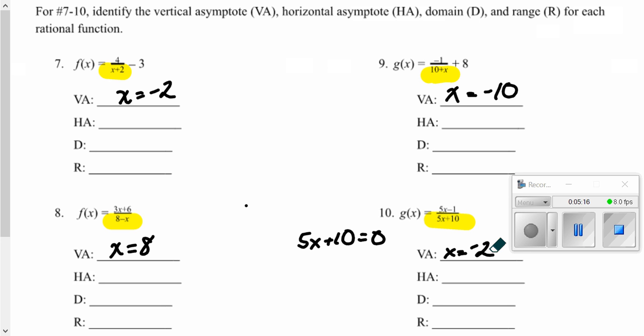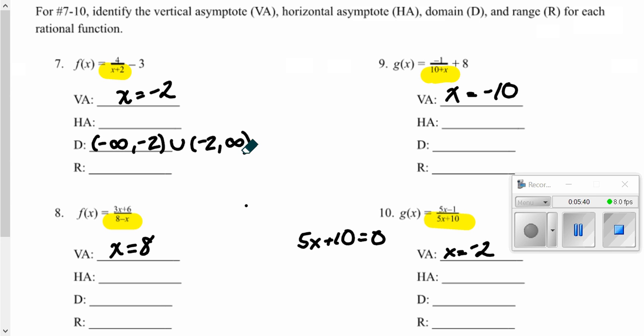At this juncture, I would go out of order, and I would say, well, vertical asymptotes, they are related to domain. The domain is everywhere I do not have a vertical asymptote. So for instance, for this problem, I would say I need to split up my real number domain and have a break or a split at negative 2.